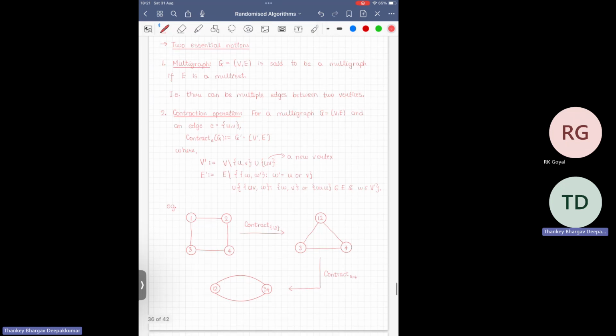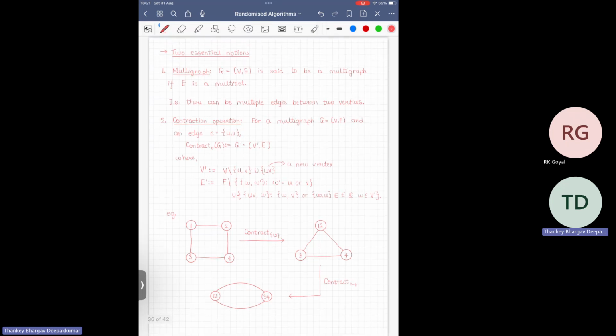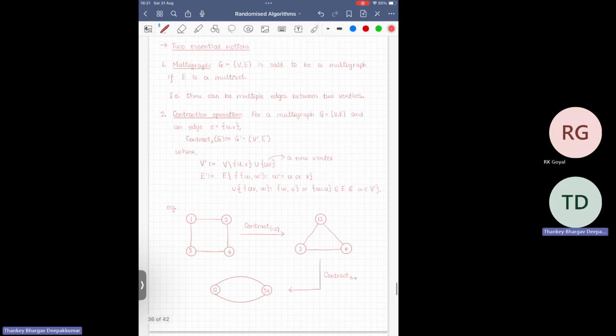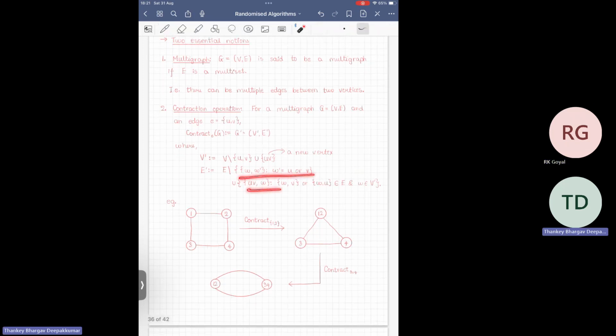Pictorially, you can think of this as taking u, taking v, and merging them.